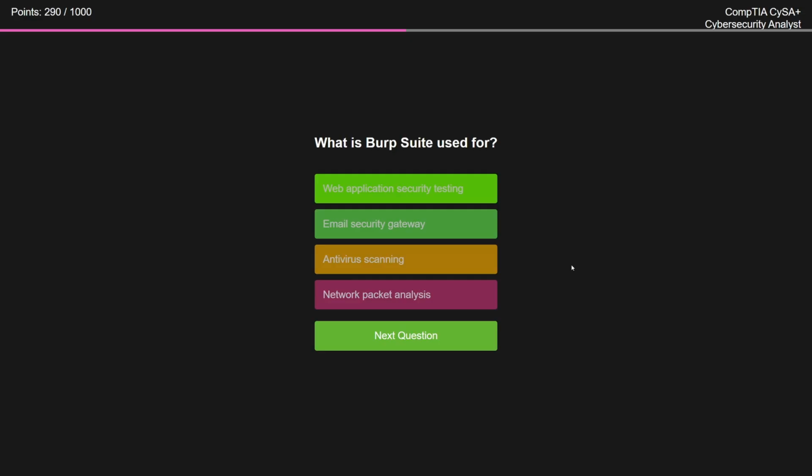Or they call it ZAP a lot of times. OWASP ZAP. I see that one and Burp Suite both being used for web application security testing. So those are the two web things that I see the most frequently, right?